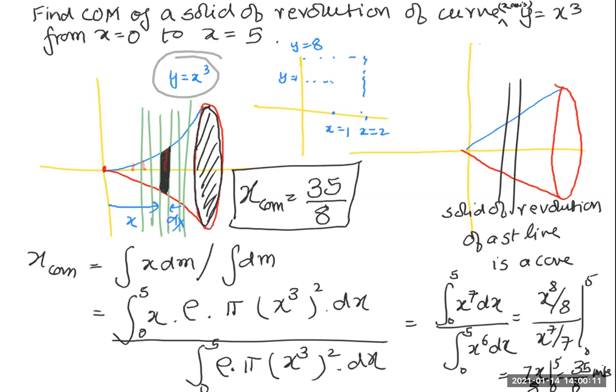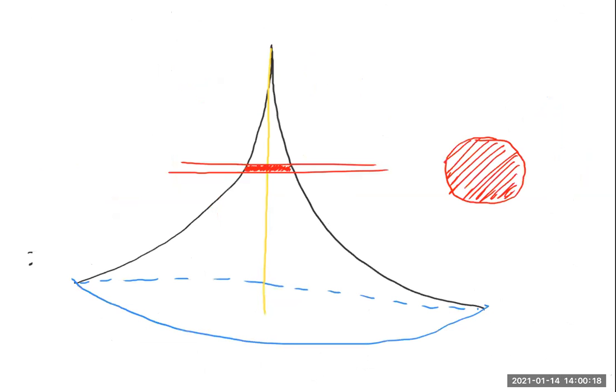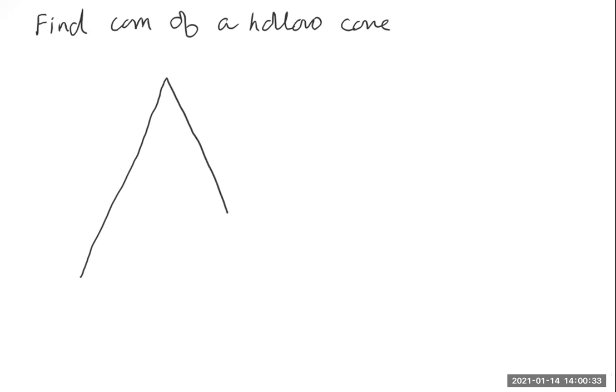Okay, so once again, if I give you find the center of mass of a hollow cone, then this hollow cone will be made up of rings, out of which I choose one ring here.